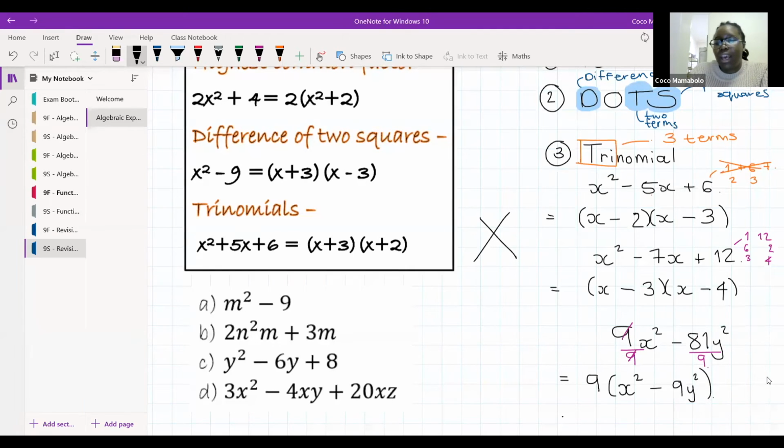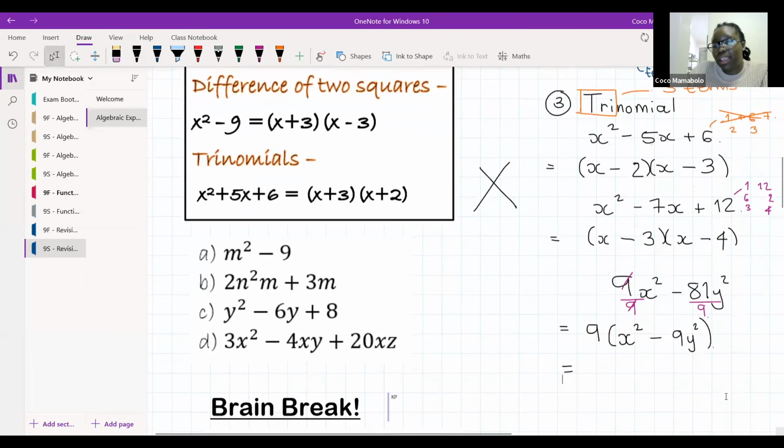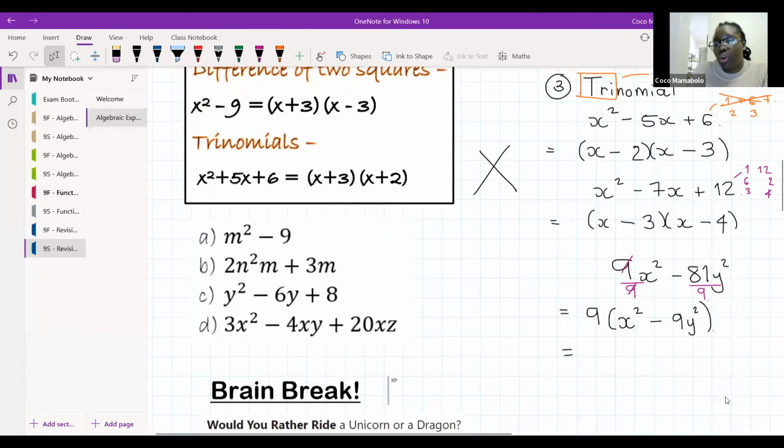Now I notice over here, Fatima, that inside I have two terms, and both of these terms are perfect squares. So I can take the square root of this one, and I can take the square root of that one. Because it's a difference of 2 squares, Fatima, I have to open 2 brackets. What signs go into each of these brackets?